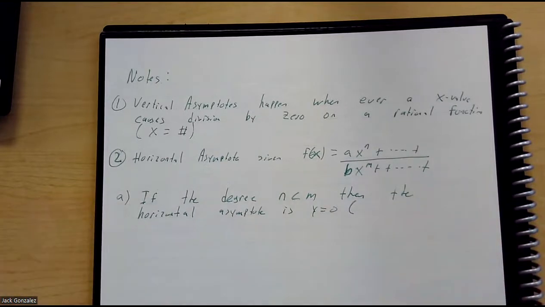In plain English, if the degree on the bottom is bigger, the horizontal asymptote is y equals 0.